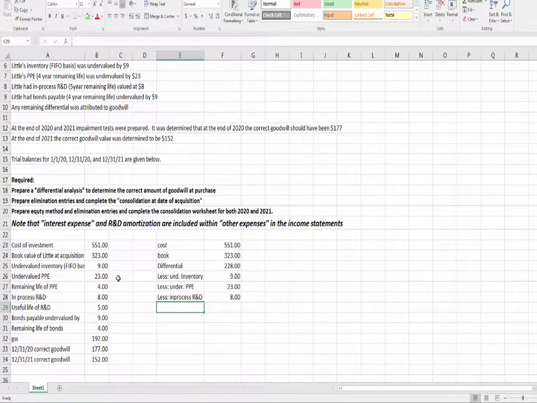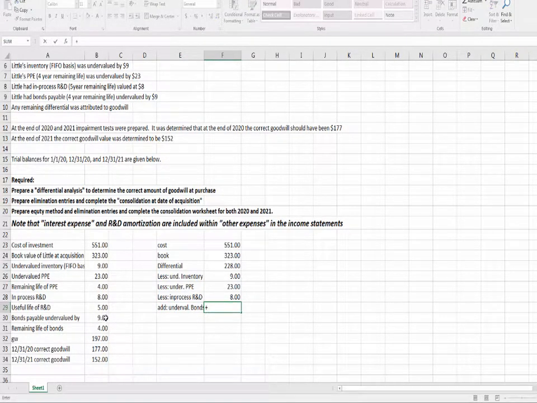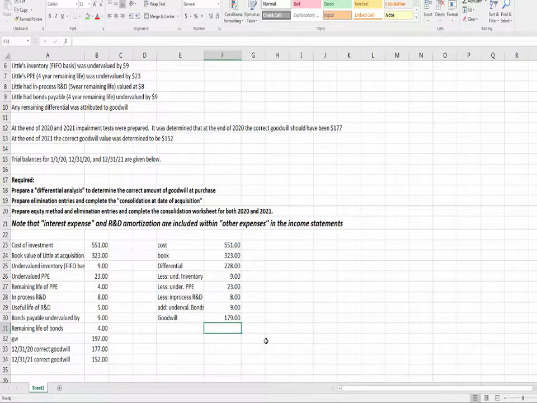If we subtract an undervalued asset, that means we're going to add an undervalued liability. And that was 9. So we start with our differential of 228, minus that, minus that, minus that, plus that, which gives us goodwill of 179.